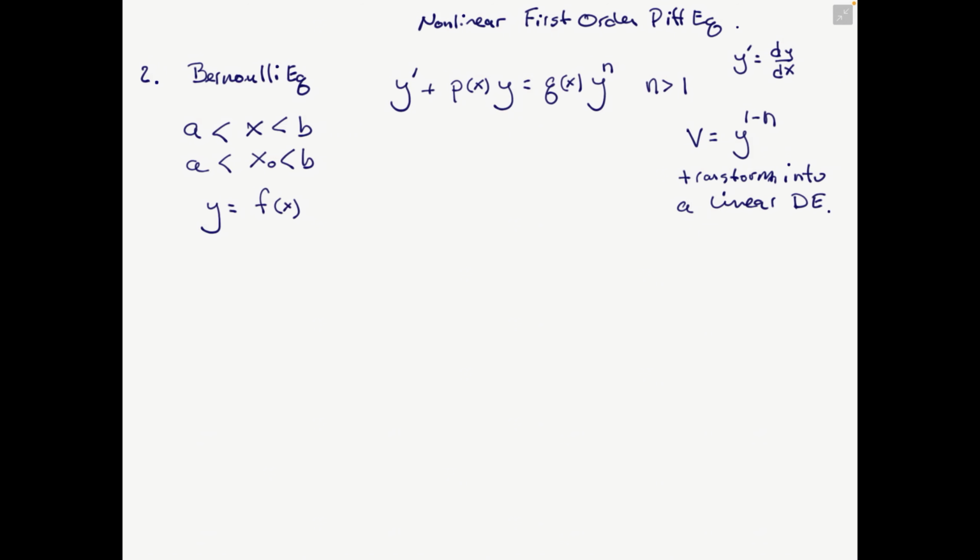And by doing so and making this substitution, we then convert the equation into a linear differential equation.